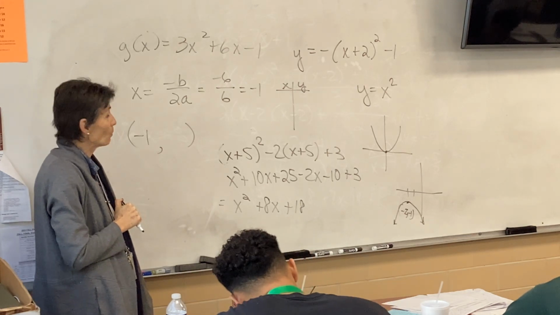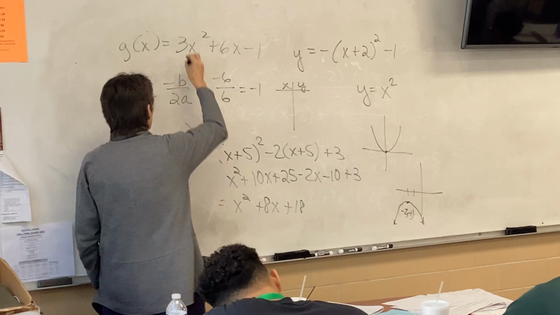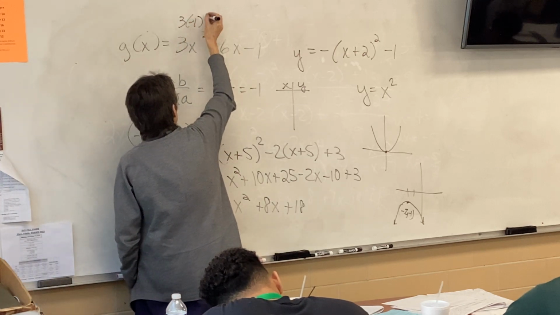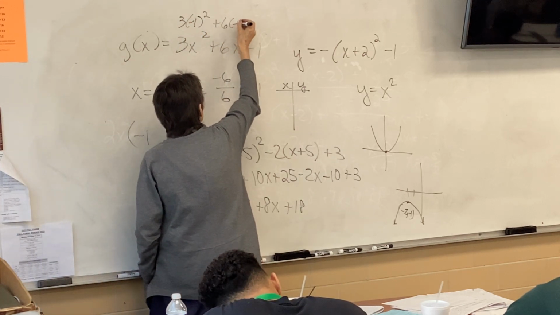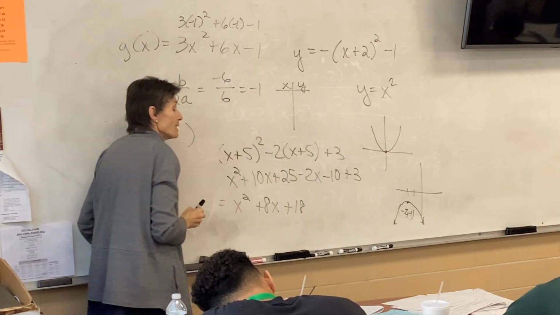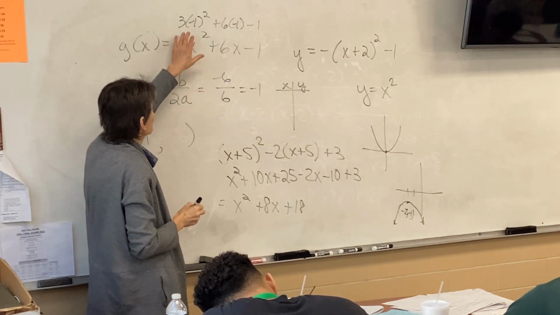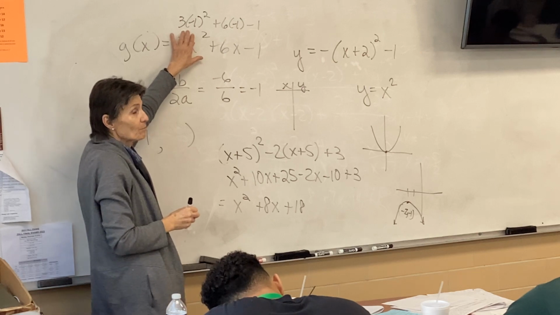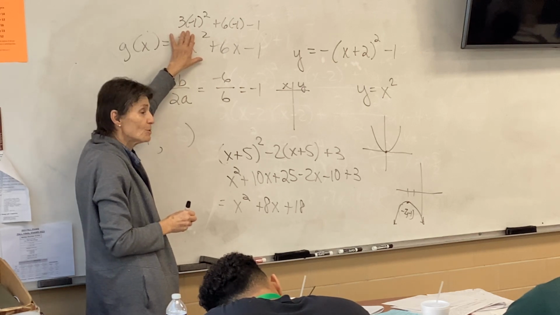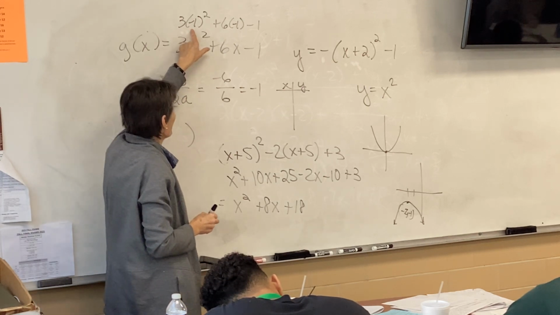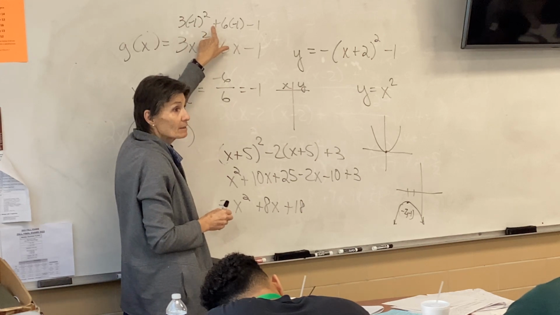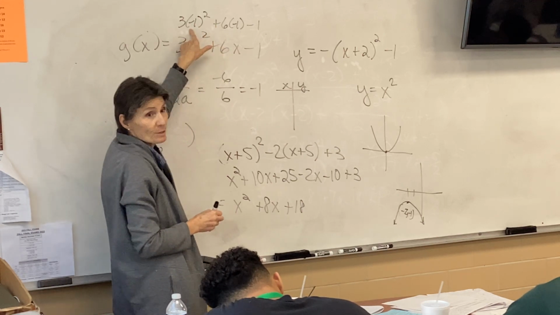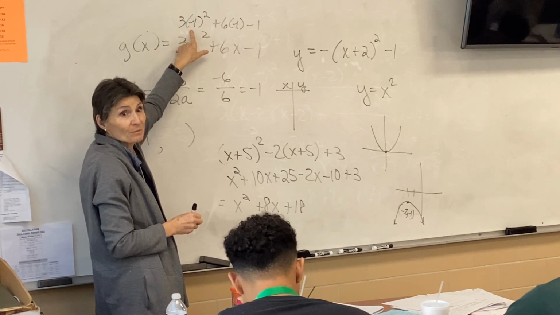And then how do I find the y? Plug x in. And when I plug it in, I do so carefully because I see this mistake all the time. Kids will say, oh, that's negative 3, and when I square it, I get 9. No, you don't. You square negative 1 and get 1, and then you times it by 3 and get 3.